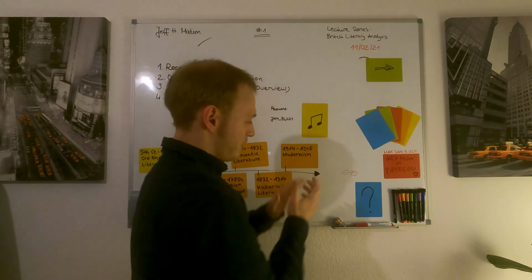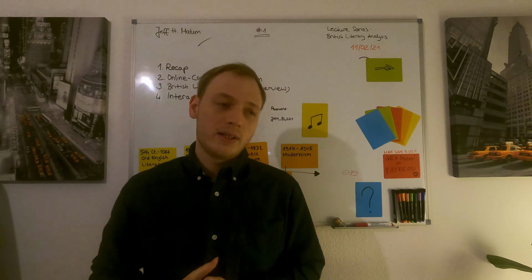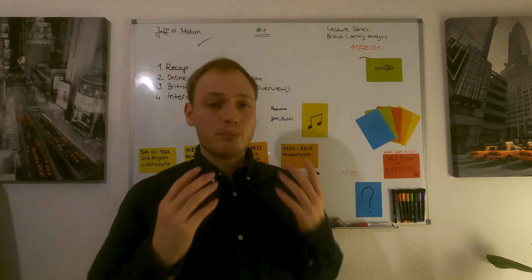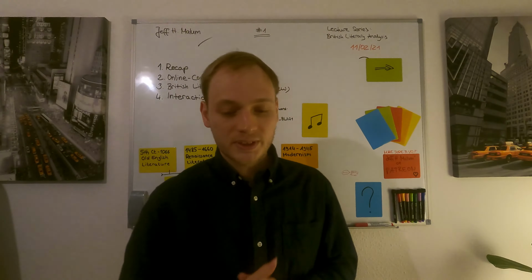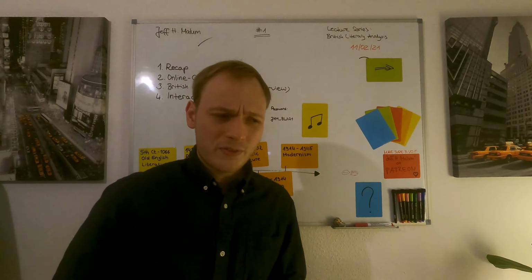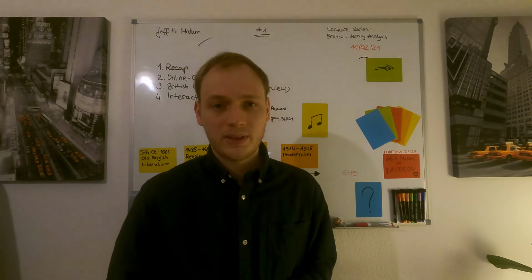And the period between the First and the Second World War is usually referred to as modernism, or modern literature, or modernist literature. And the First World War had huge impact on the British Empire.